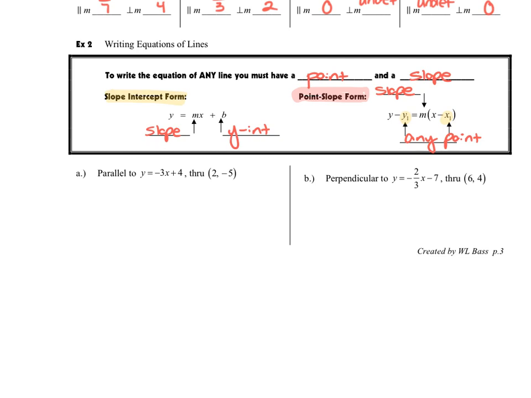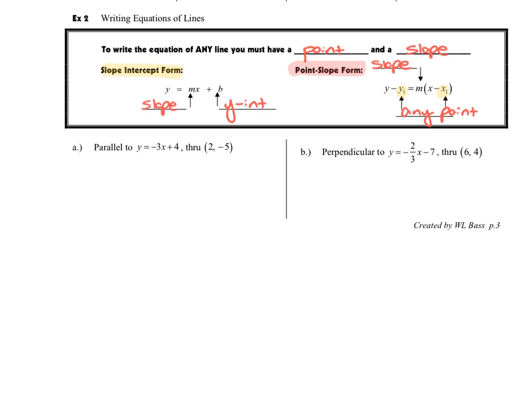So let's just take a look at 2 simple little examples on how we can use this form and how easy this one works for us. So if on this problem I want a line that's going to be parallel to the one I'm given, that means that the slope that I want to be using, oops, I tend to do that all the time, sorry guys, the slope that I want to be using is going to be the same as the slope of the line that I'm given, so it's going to be a -3.